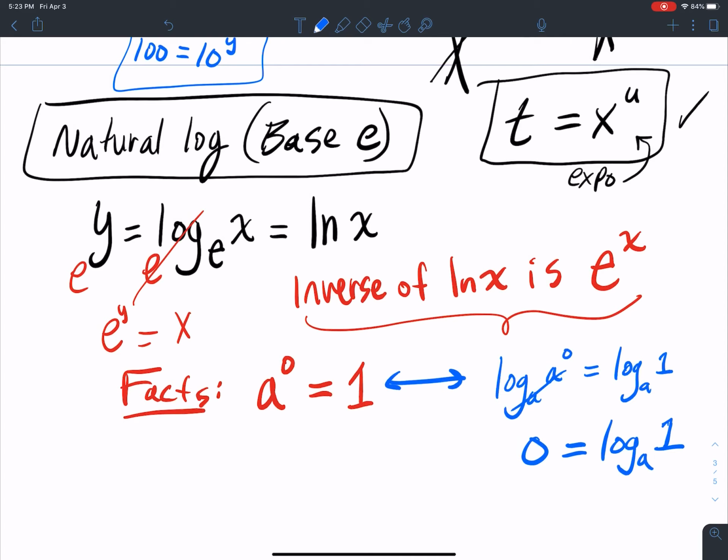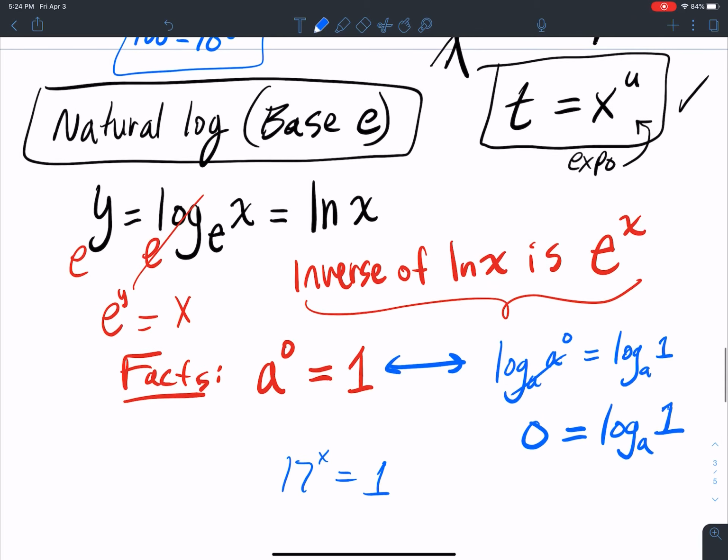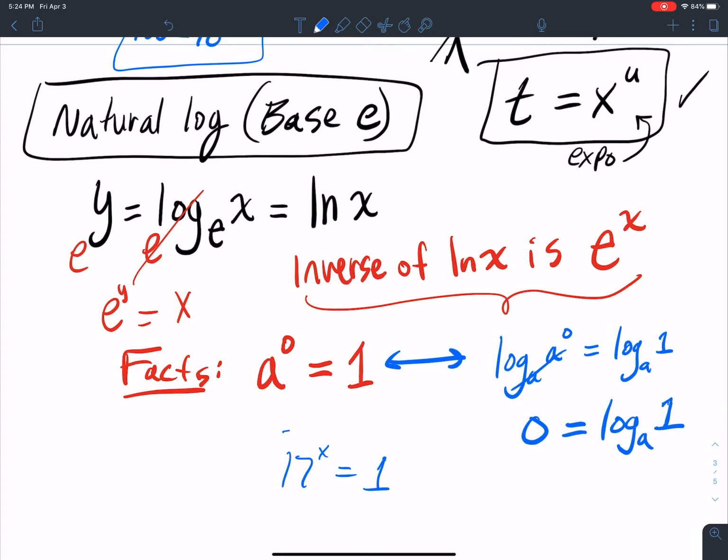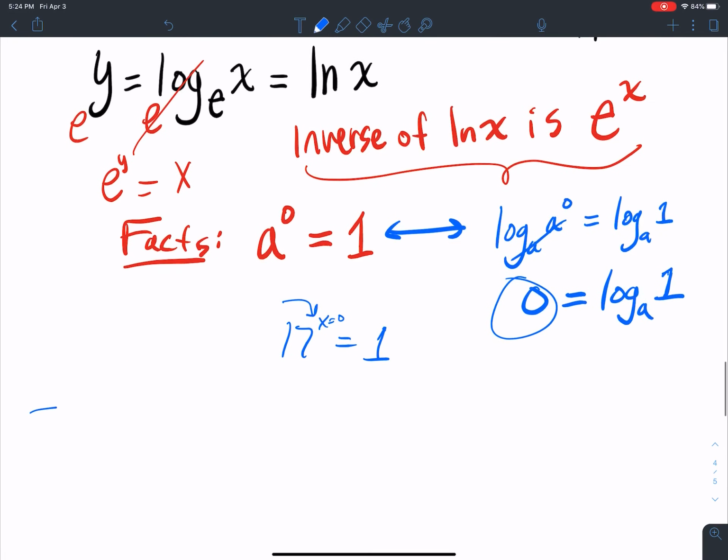If I'm taking the log of 1, no matter what my base is, the answer is going to be 0. Remember, you're asking yourself, to what exponent must I raise a to produce 1? Well, if I raise any number to some power and get 1, the only way that's going to happen is if the exponent is 0. So that's why we get that for positive a.